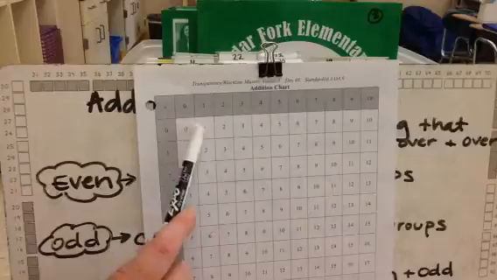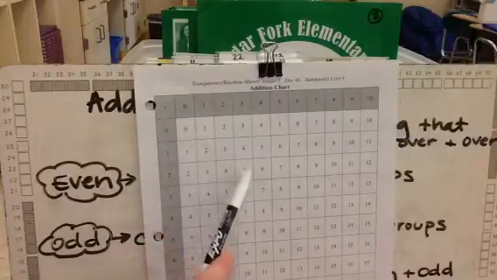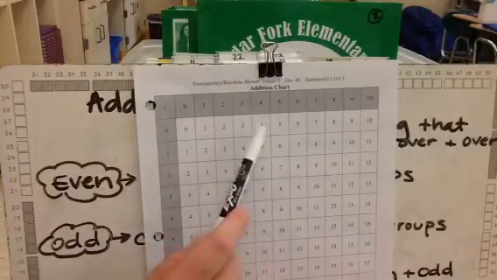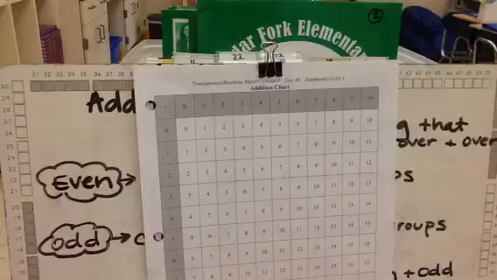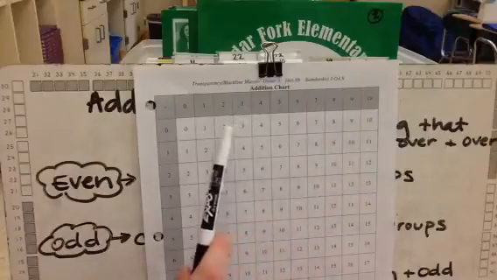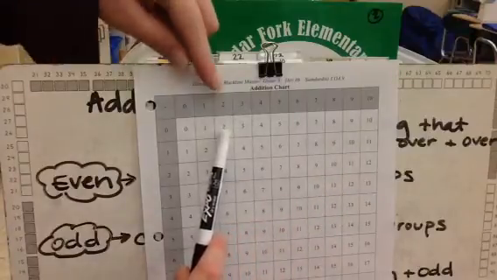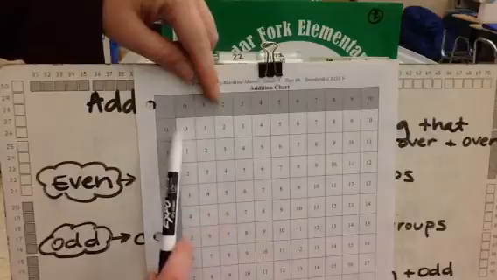Now, when we look diagonally, 1, 3, 5, 7, 9, I notice 4, 6, 8, 10, that my sum is changing by 2. Well, we get our sum by joining addends, so there's got to be some kind of pattern with the addends. So let me look at that. If I look here at 2, this 2 is made of 2 and 0.